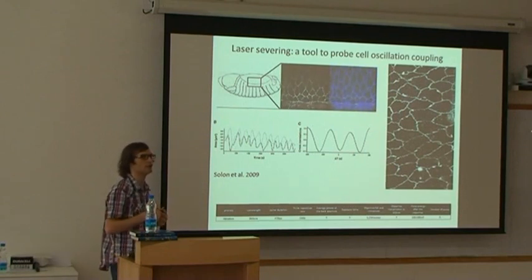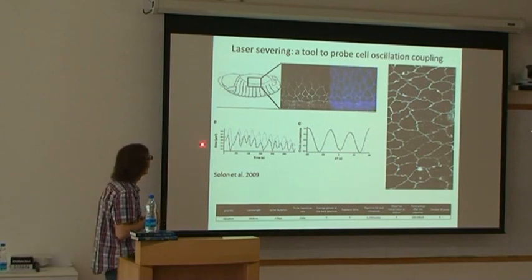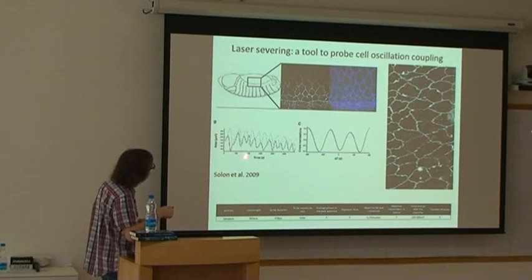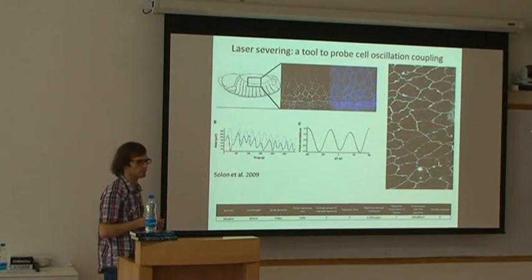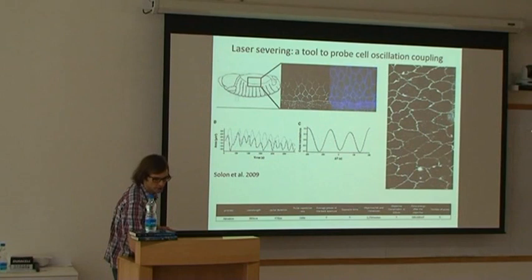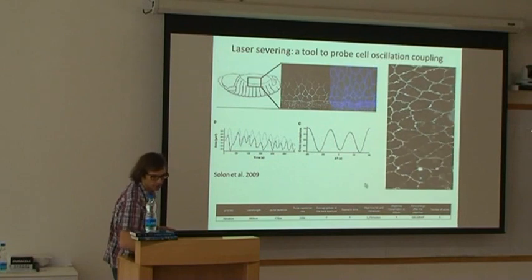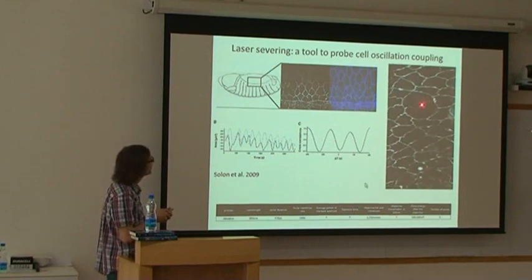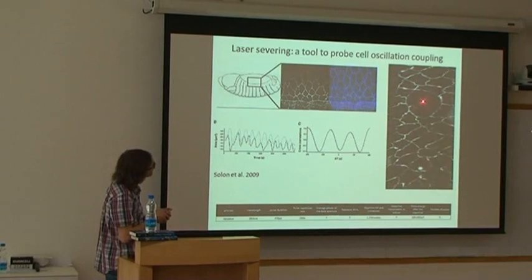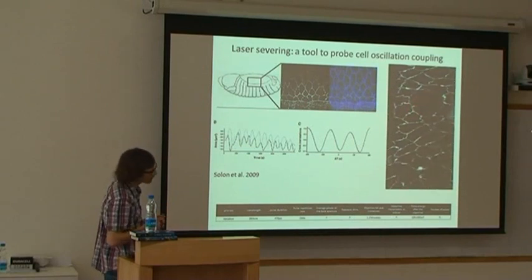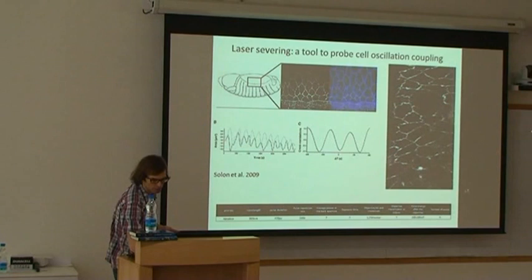The cells of this tissue oscillate, okay? And Solon has been looking at this oscillation and how it correlates. So he decided to do laser dissection in this case, right here, as you could see. The idea was not really to measure tension, also because the dissection here seems quite abrupt.